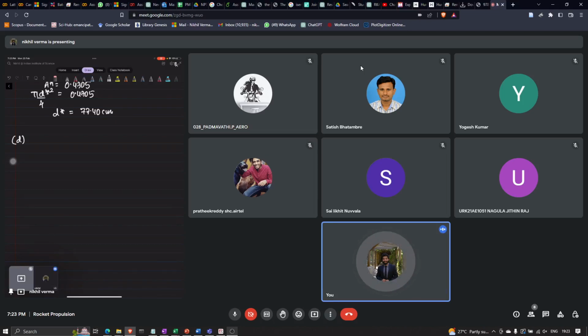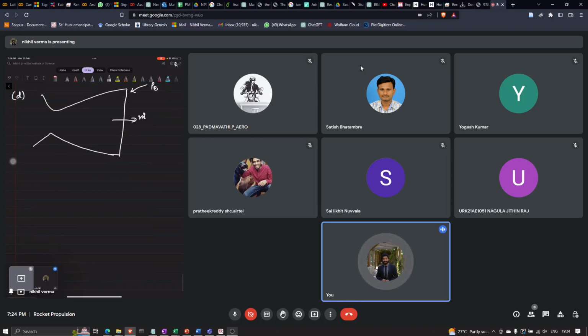Okay. To calculate the exit area, again what we know is the mass flow rate. Also we know what is the P exit. So mass flow rate is equal to rho exit A exit into V exit, right?